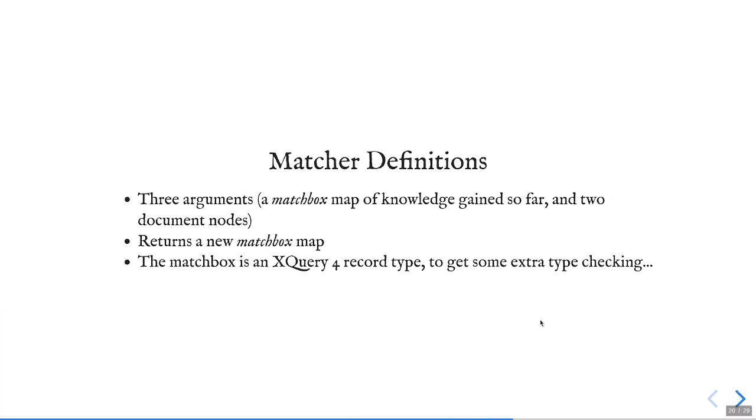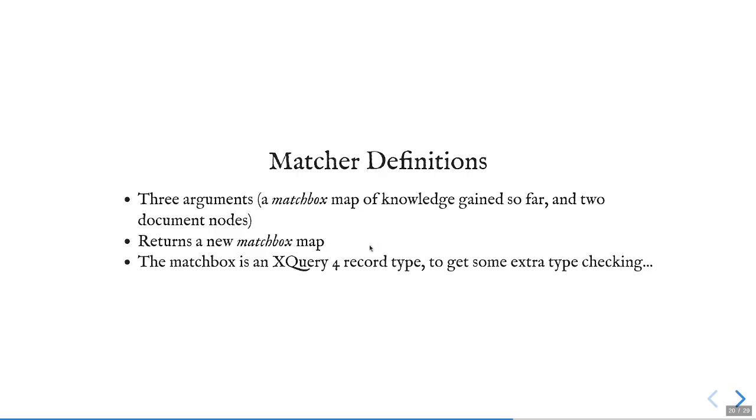And matcher functions are, as I said, 3 arguments. The first is a matchbox, as we call it. It's an XPath4 record type, or XQuery4 record type. It's a map of the knowledge we've gained so far, the program's gained so far. And there are 2 document nodes.